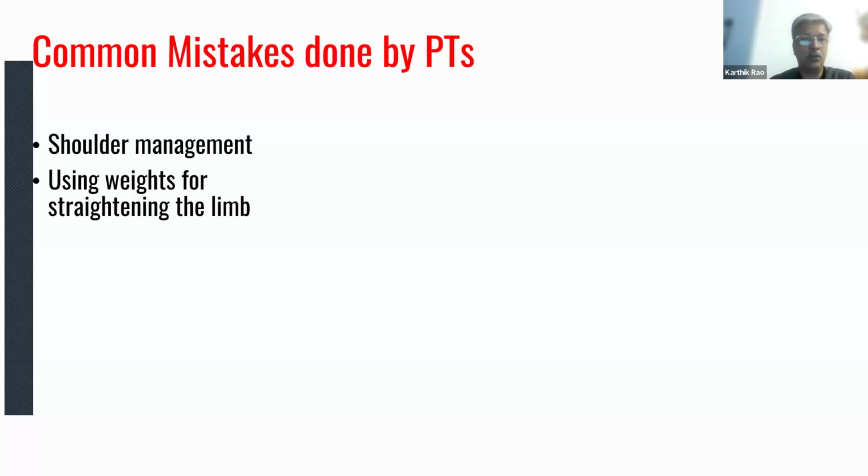So here, by introducing weight, even though you may see that the range has improved for as long as the person is wearing that particular weight, instead of relaxing the biceps, you're actually strengthening the biceps, and this is going to be counterproductive. So do not use weights to straighten the limb.